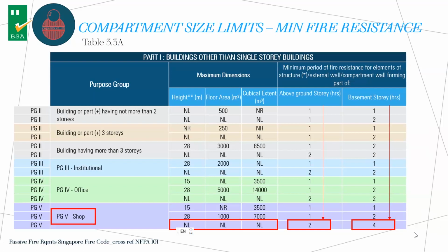So the fire code actually tells you the usage and the size that you want to control, and because you want it very generous, no limit, then the room that surrounds and compartments this space must be 2 hour fire rated. If it is in the basement, it will be 4 hours.